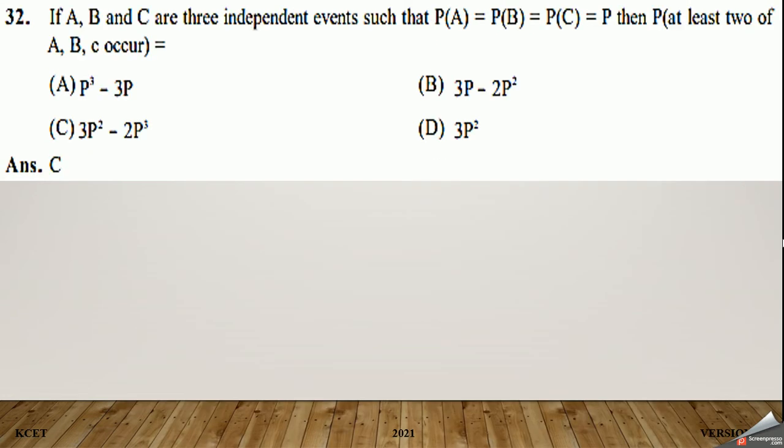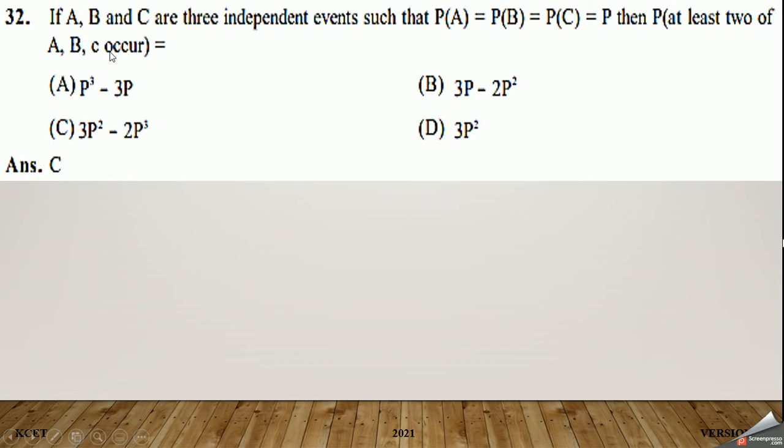Here is the next question. They have told that A, B, C are independent events, that is P of A intersection B intersection C is equal to P of A into P of B into P of C. The probability is P, and they have asked us to find P of at least 2 of A, B, C occur. So if AB occur, C should not occur.